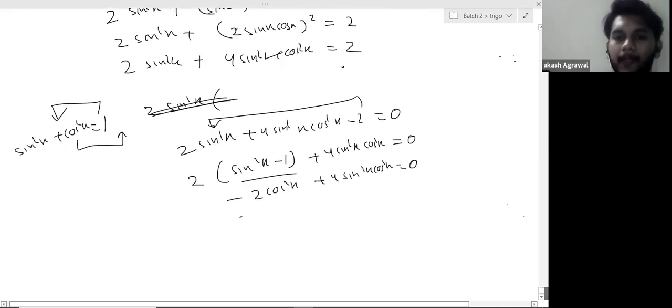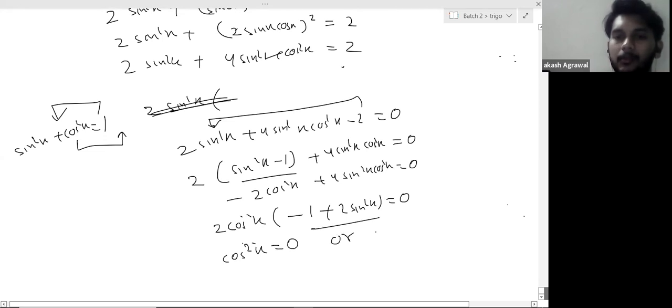If we take 2 cos²x common, we'll have minus 1 plus 2 sin²x is equal to 0. From here we can write either cos²x is 0 or minus 1 plus 2 sin²x is 0. Now you can solve this easily.